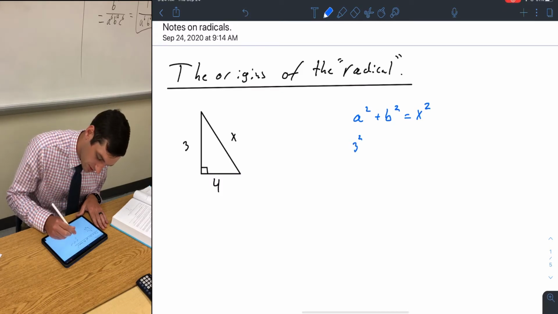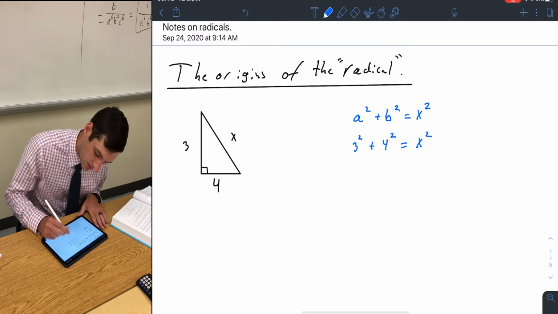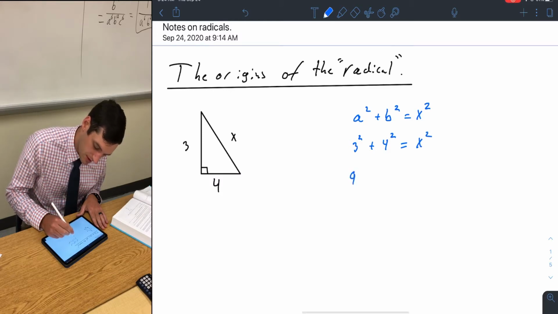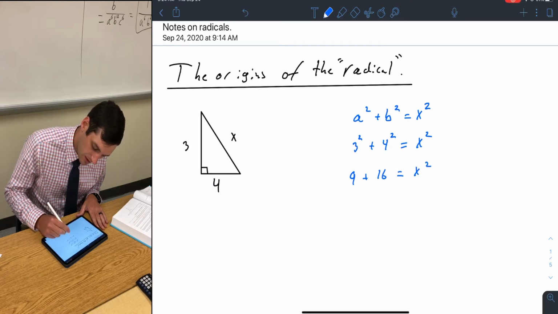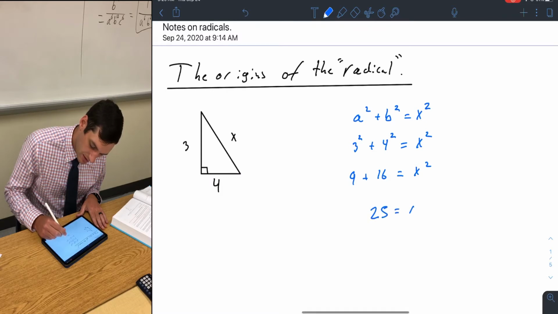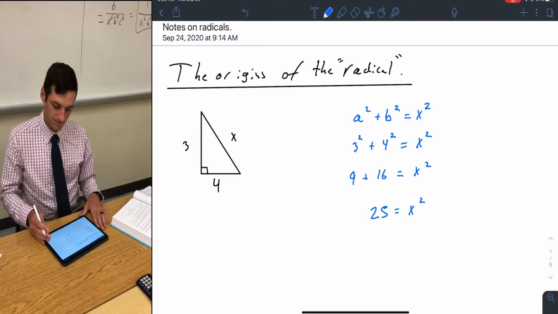So we have 3 squared plus 4 squared equals x squared. Well, 3 squared is 9, plus 16 is equal to x squared. And then 9 plus 16 is 25, equal to x squared.